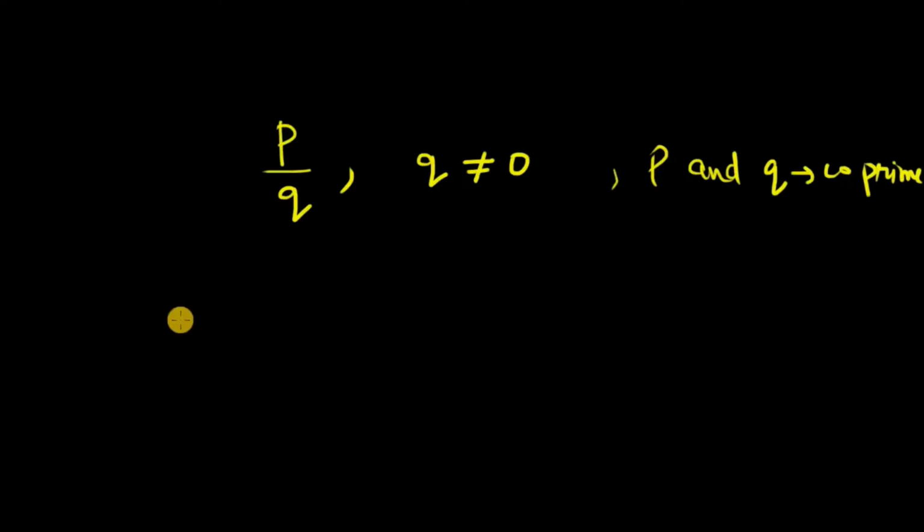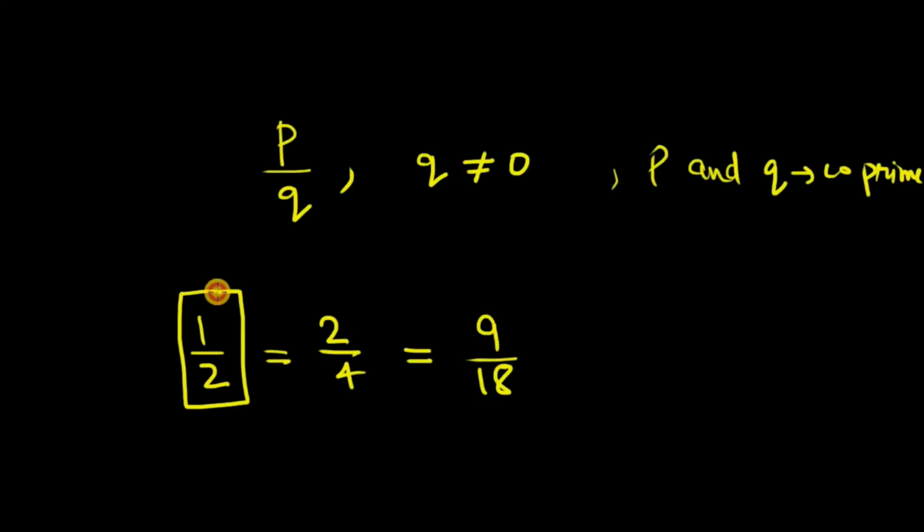So for example, just to understand it, 1 over 2, or 2 over 4, or 9 over 18, they are all equivalent fractions, okay? But the rational number is 1 over 2, because this is the simplified version, the simplest form.